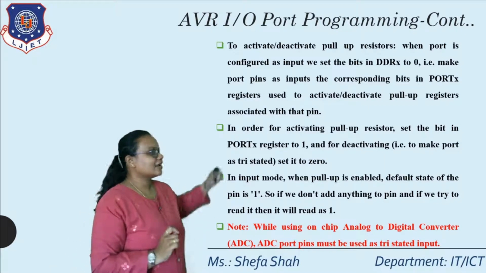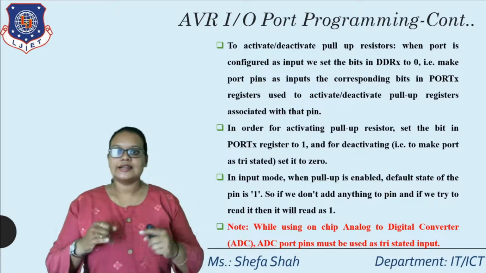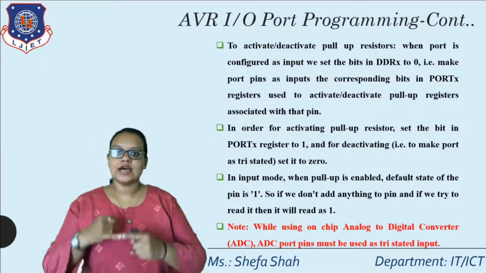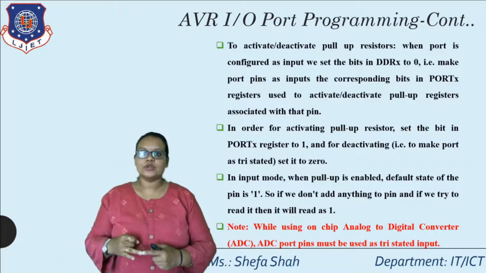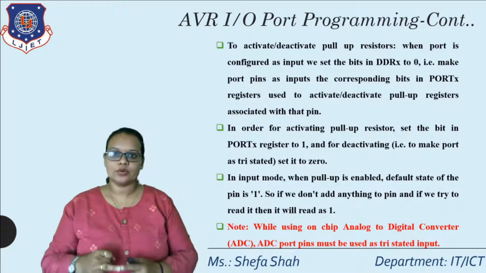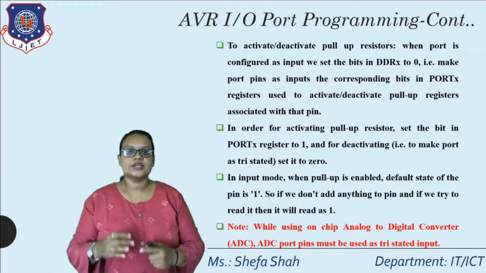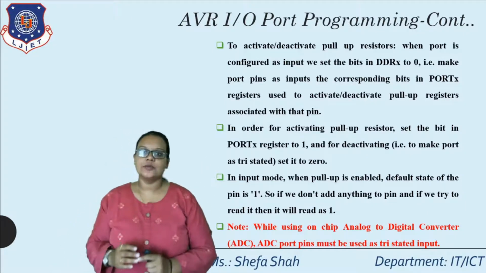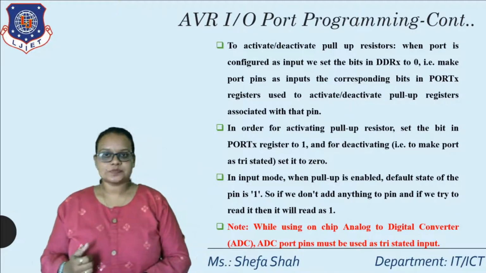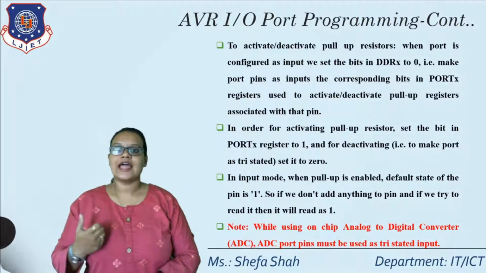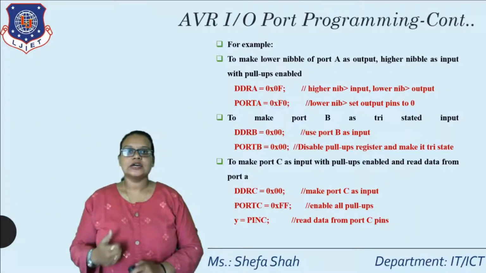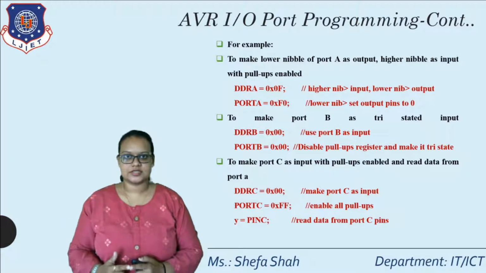When the pull-up resistor is high, at that time it works as an output port, and when the internal pull-up resistor is connected to ground, or it is an open switch, then it works as an input port, right? So that is done by activating and deactivating the pull-up resistor, right?